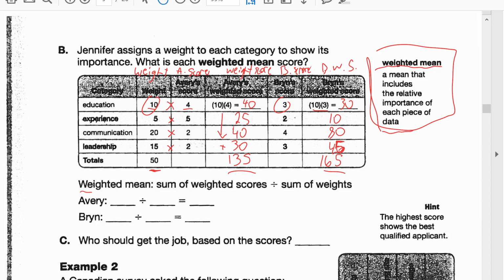So now we just take the weighted mean, and that's the sum of the weighted scores divided by the sum of the weights. So that means sum of the weights is 50 for both people, but one person got 135, which is Avery, and one person got 165, which is Bryn. So 2.7 and 3.3.